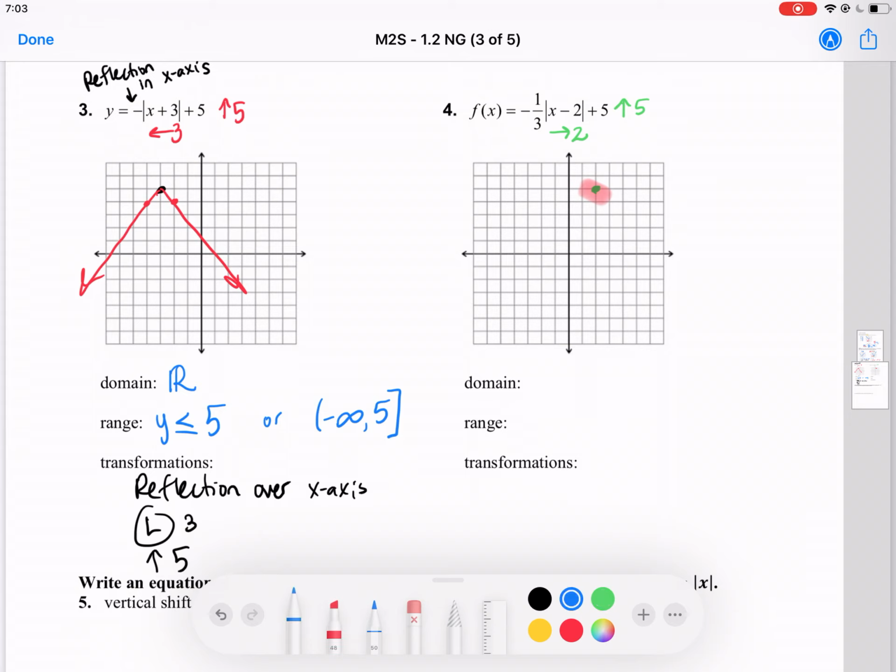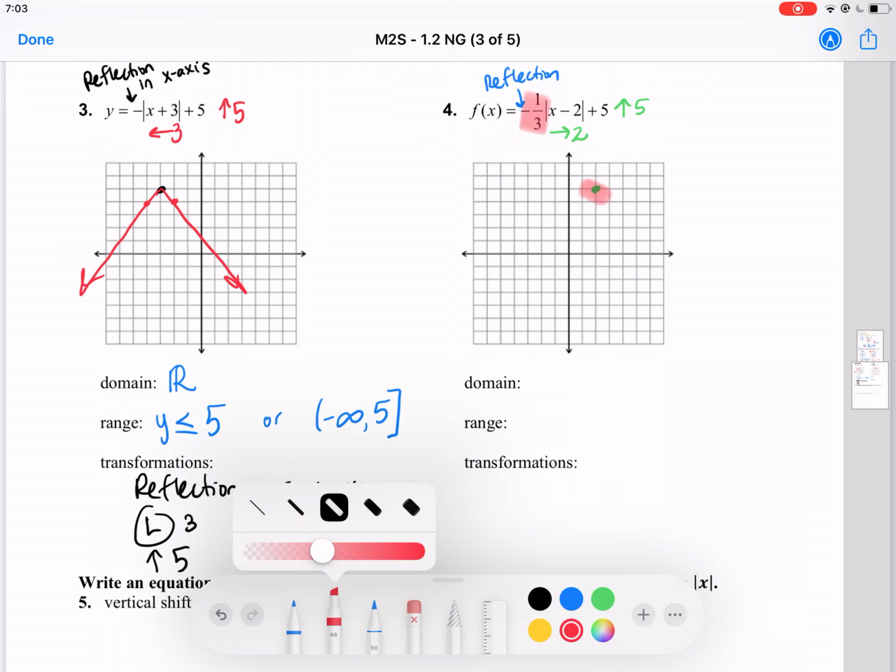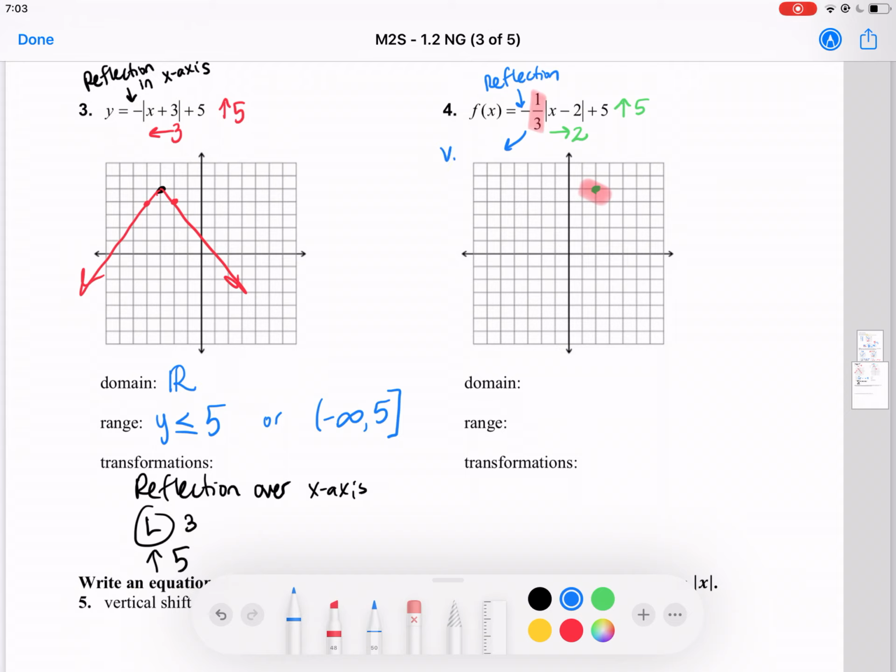And then let's look at this. So we have a negative, so that's going to be the reflection. And then the 1/3 itself, oops, let me make that smaller. So the 1/3 is going to be a vertical compression. That means it's getting smaller.